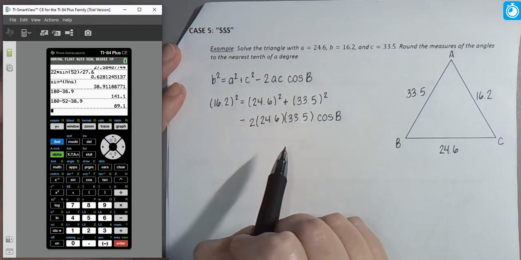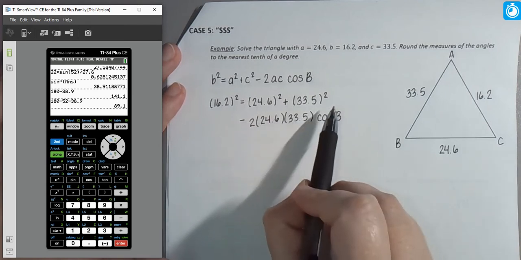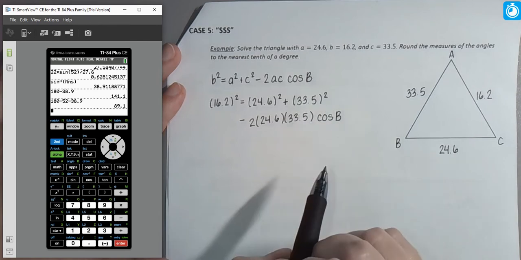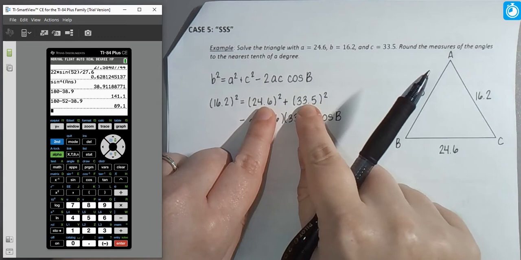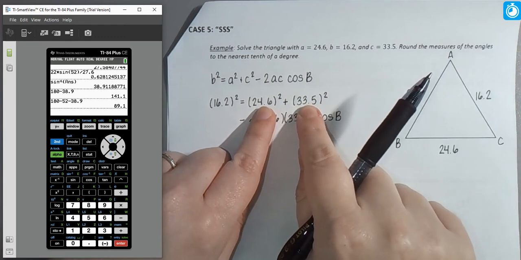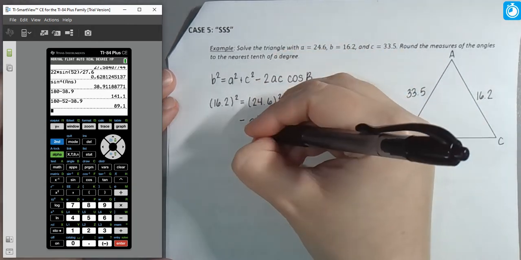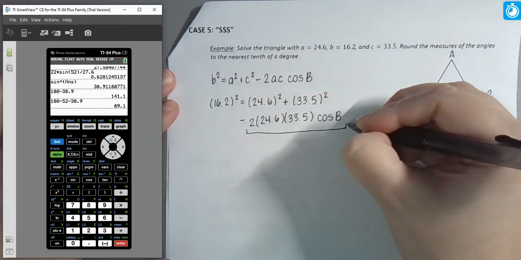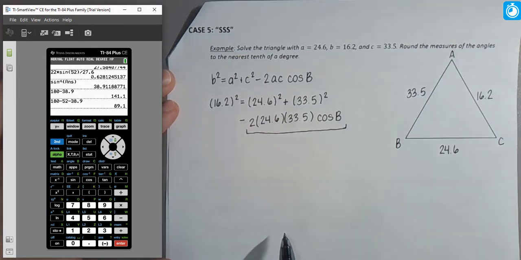Specifically, what you cannot do is combine these two terms with all of this. The reason you can't combine them with all of that is because all of that is then multiplied by the cosine of B. So this term and this term will be considered like terms. They're just constants. You can combine them. But this term is one whole term that contains a trig function and a variable as part of it.